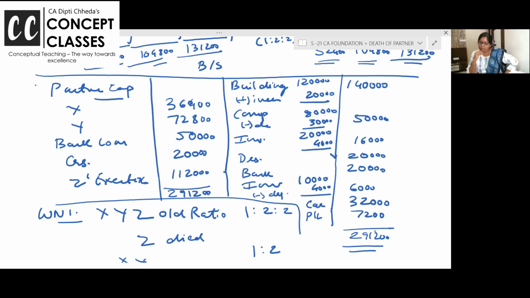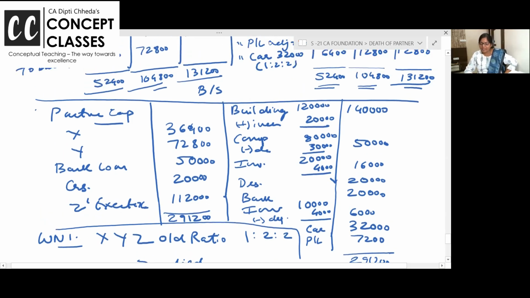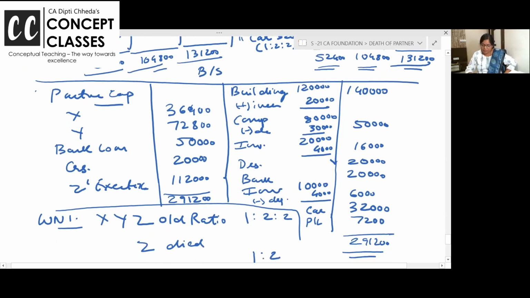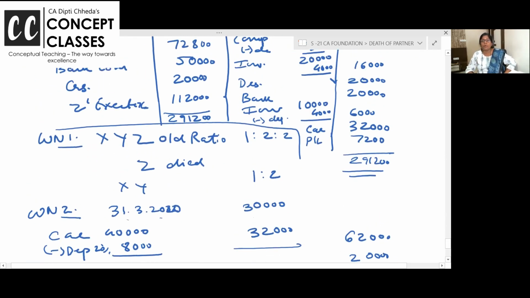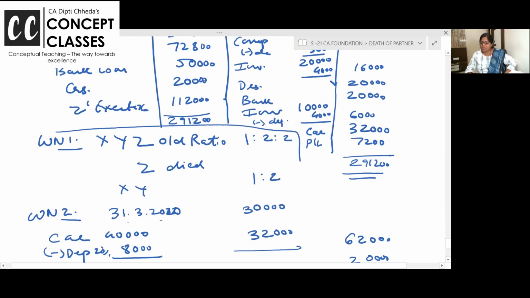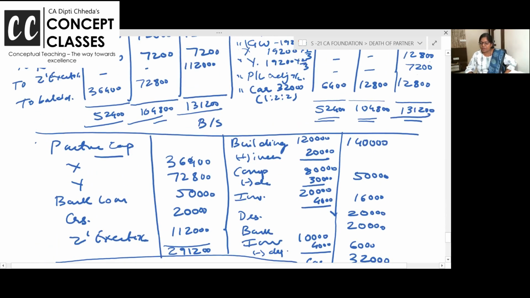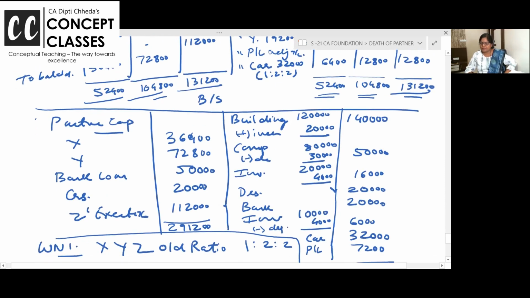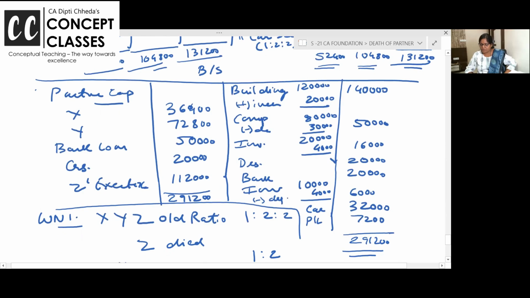Check the whole problem. What new have you learned? P&L suspense account and car's adjustment. Car's adjustment, I did it in the working, but we didn't post it. You have to post the car in the balance sheet and you have to credit it here to the car's account.